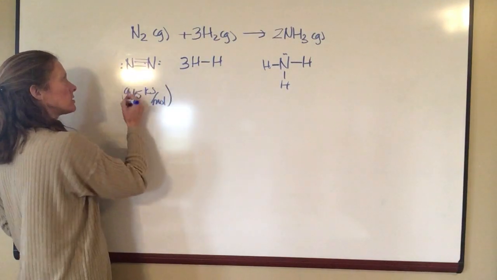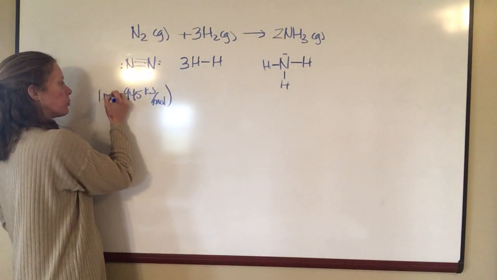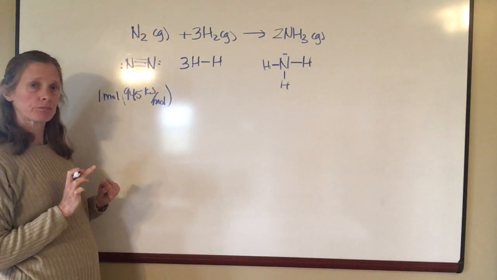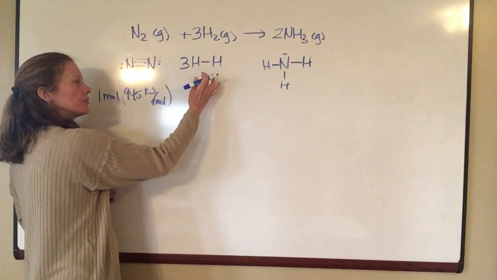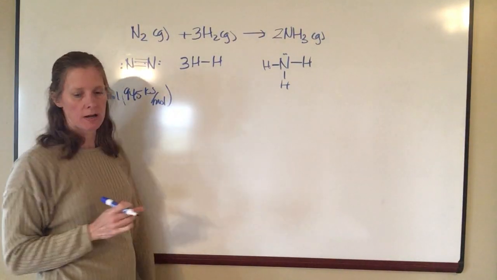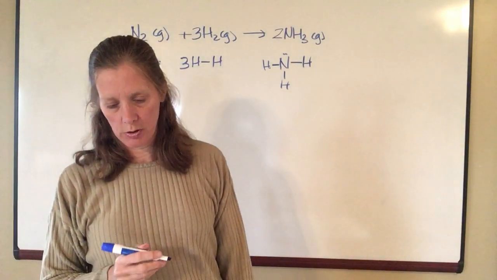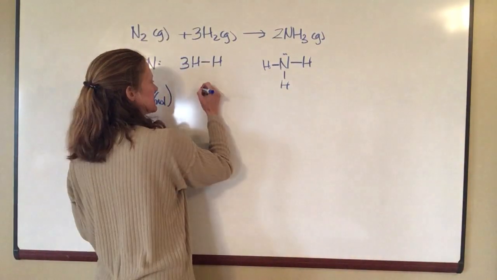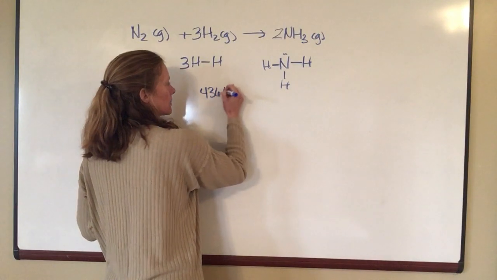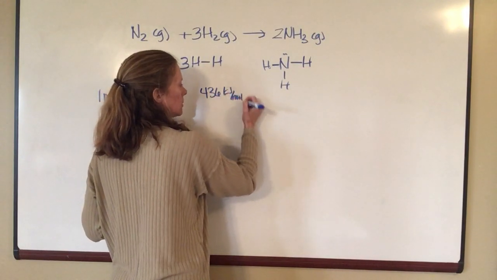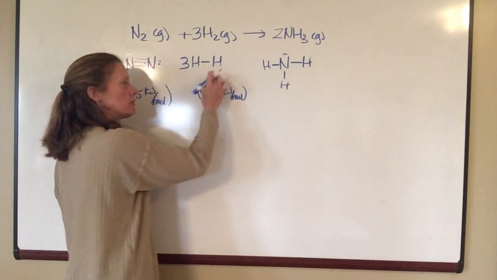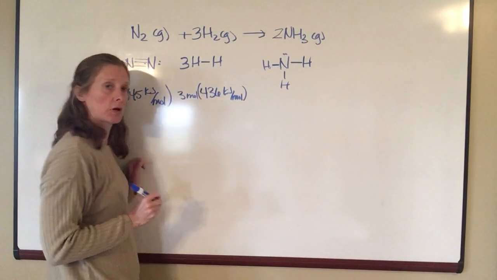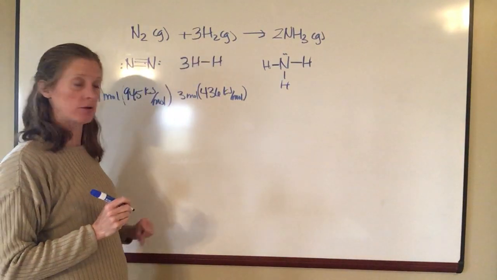And in this particular reaction, I have 1 mole of those that I need to break because there's a 1 in front of here, okay? To break hydrogen bonds, again, if you look at the table in your book, you will see that it takes 436 kilojoules per mole to break a hydrogen-hydrogen single bond, but I have 3 moles of those that I'm going to have to break because there's a 3 in front of the hydrogen.